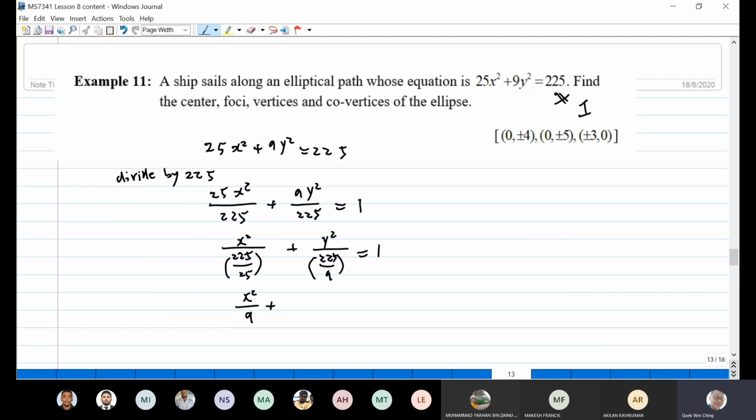And 225 divided by 9, what do you get now? You get 25.